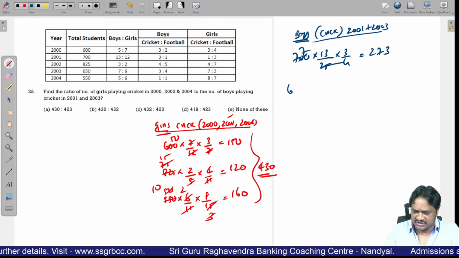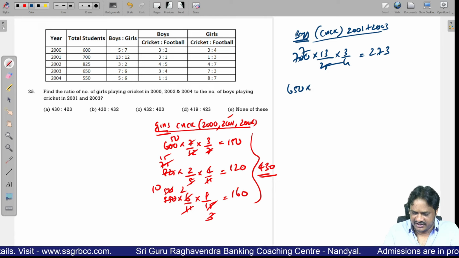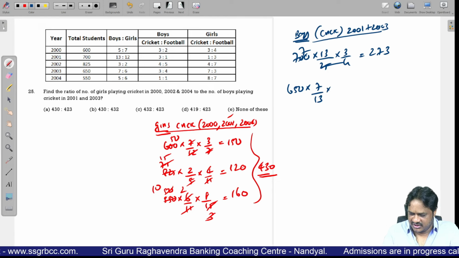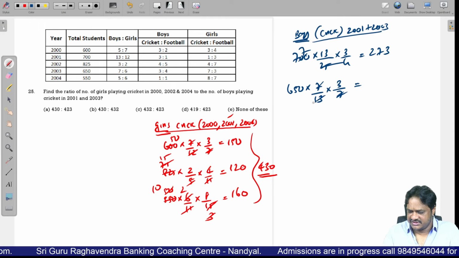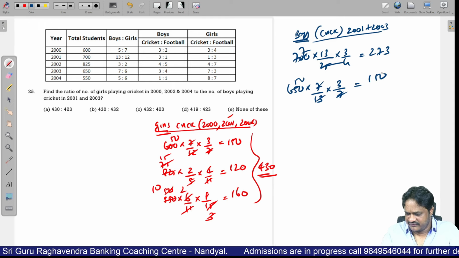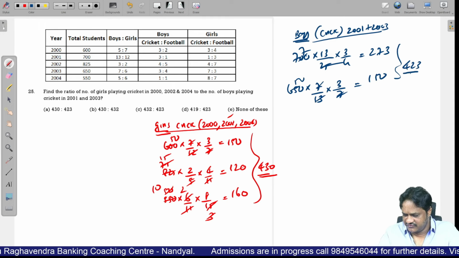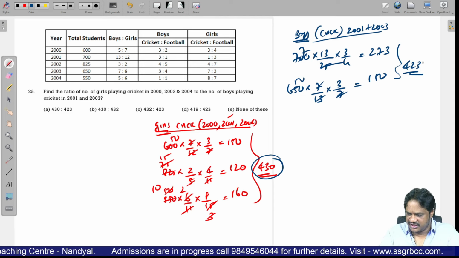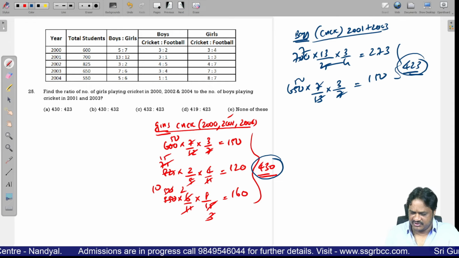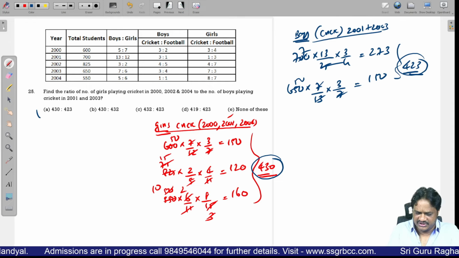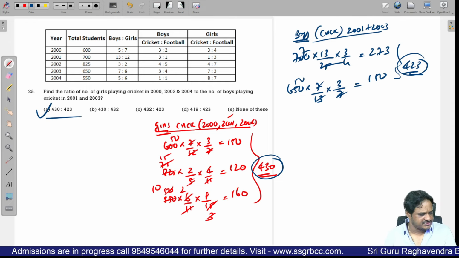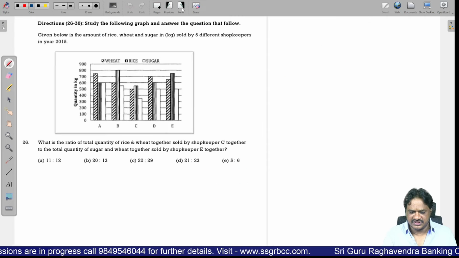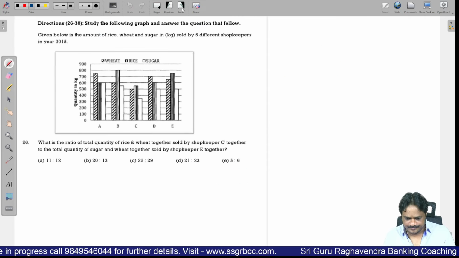Now 2003: 650 into 7/13 into 3/7. 7, 7 cancel. It is 150. Total, it is 423. We have to find the ratio: 430 girls, 423 boys. So the answer is 430 is to 423. Option 1. Let us see 26 to 30.